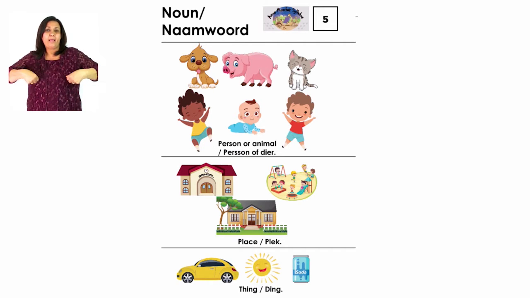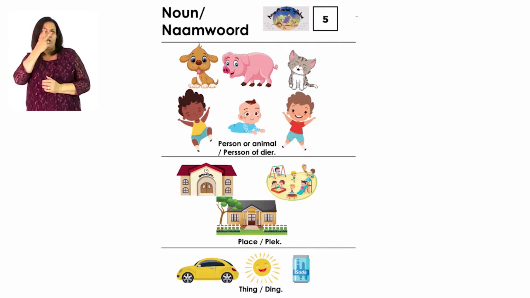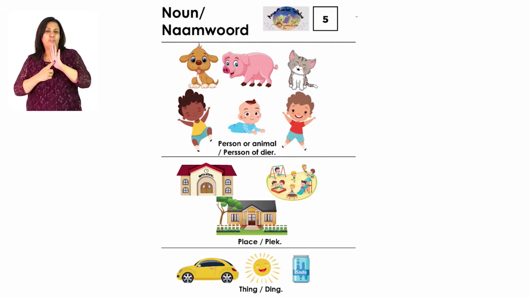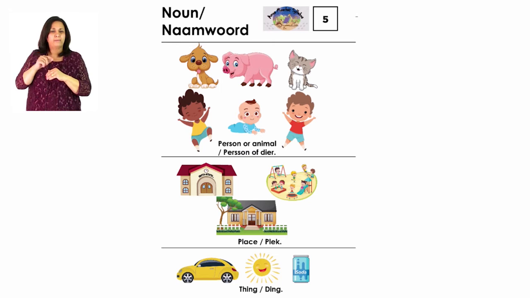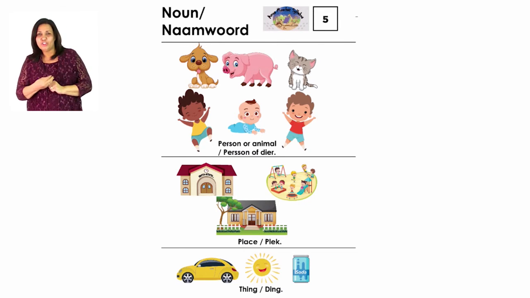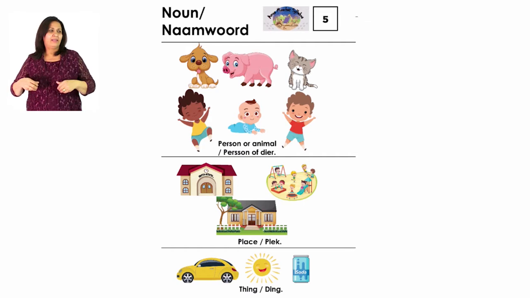If you look at the pictures just below in the booklet, under the persons, you can see there are children in the playground, and there are so many other things we can find in the playground. What are those things that we see in the playground?